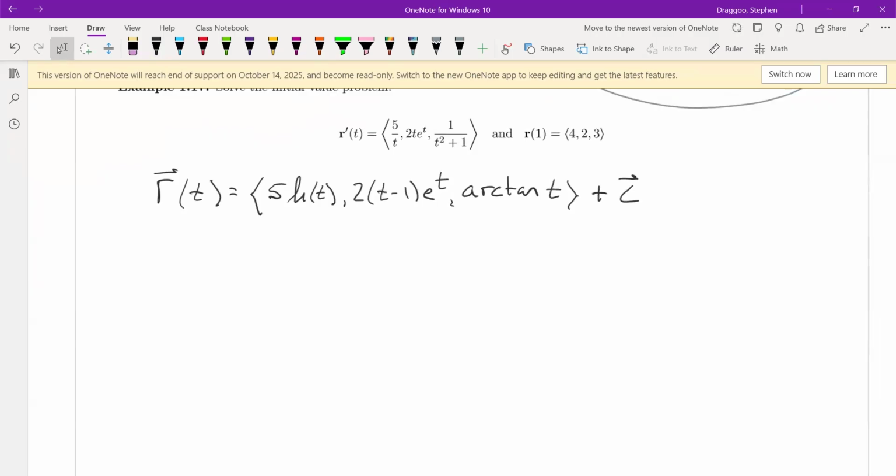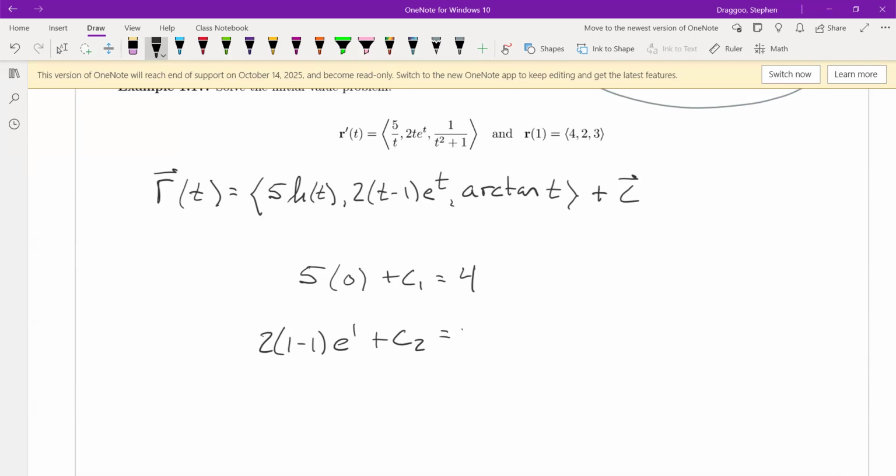So we've got some constants to find. This time we're going to plug in 1 for t. So we'll be looking at 5 times the natural log of 1, which is 0, plus c1 equals 4. I'll have 2 times 1 minus 1 times e to the 1, which is going to be 0, but I suppose I'll write it out. 2 times 1 minus 1 times e to the 1 plus c2.